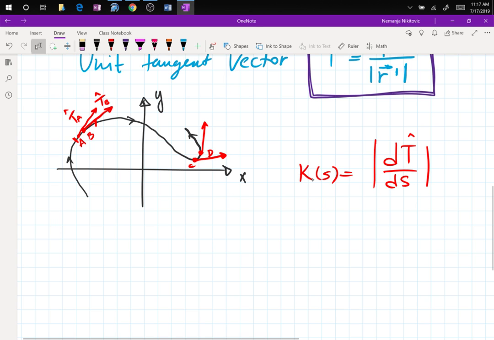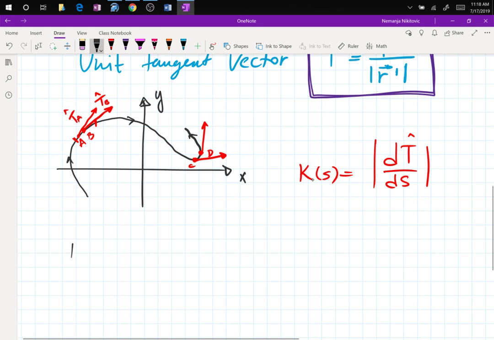Now, this is not something that we would use to calculate things, because we do not calculate anything in terms of the arc length. We calculate things in terms of the parameter t. So there is a one-line manipulation to change this formula into the formula that you will use to calculate curvature.